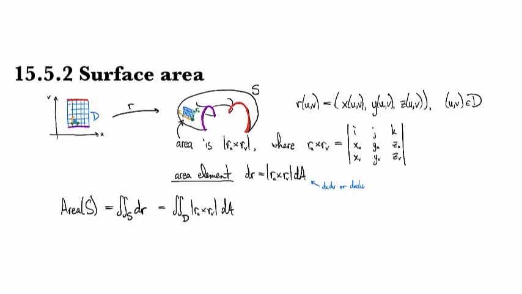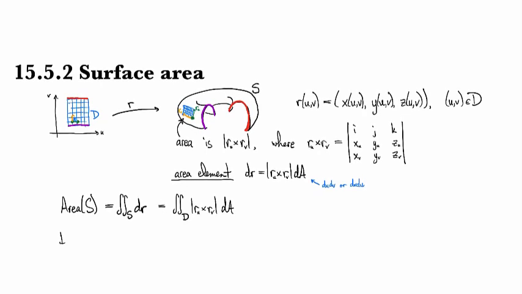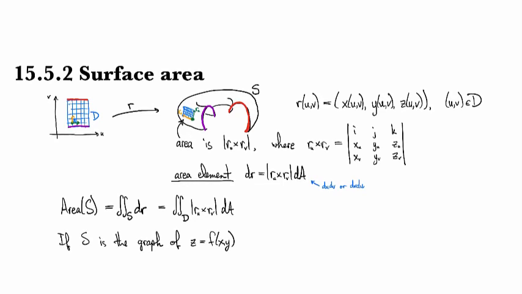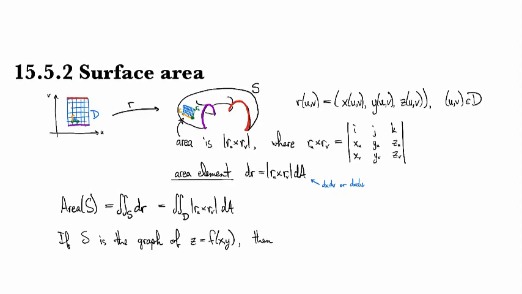The important thing that we're looking at is the special case when S is the graph of some function, let's call it z equals f of x and y. Then, just like before, we can parameterize by the independent variables.